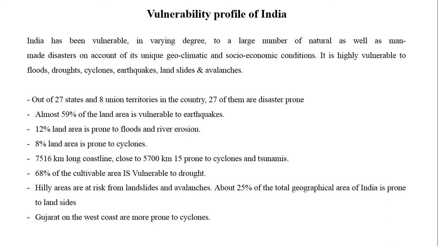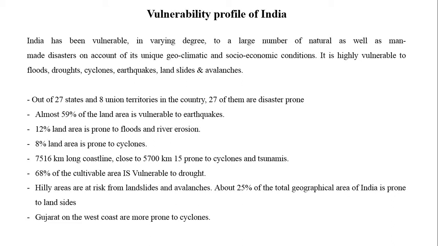In the northwest region, west-flowing rivers like Krishna, Kaveri and Mahanadi are other flood-prone areas. Cyclones occur in the months of May, June, October, November, with primary peaks in November and secondary peaks in May.